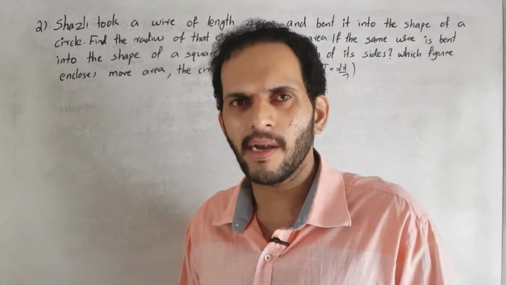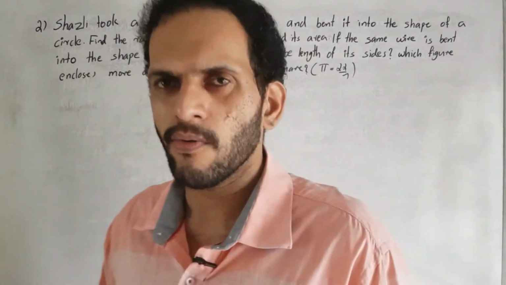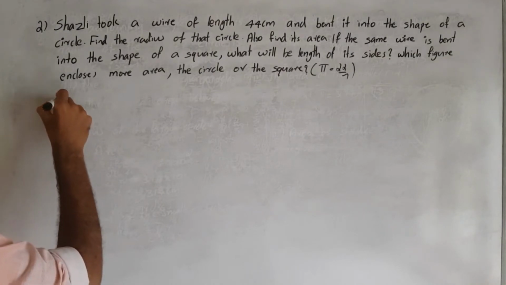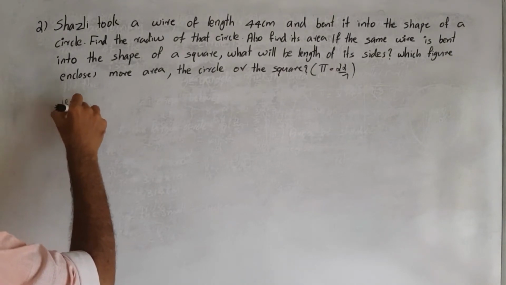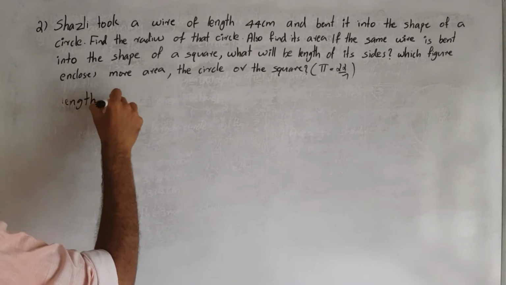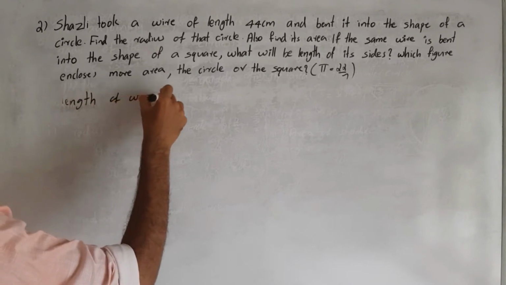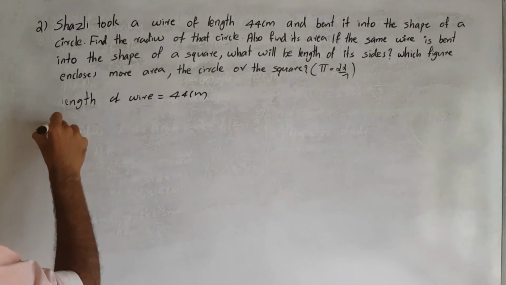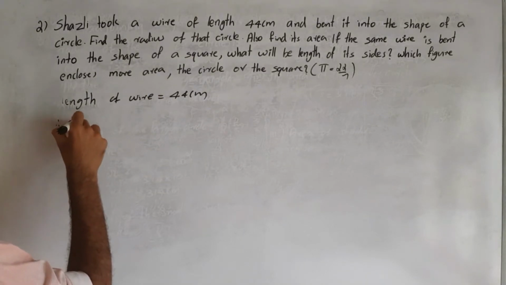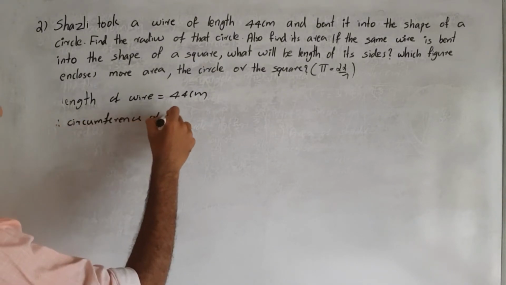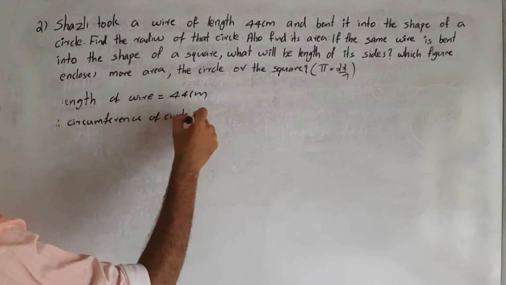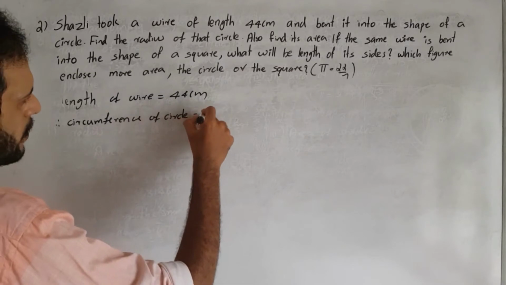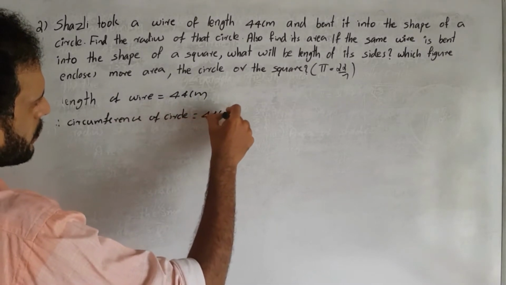Okay, that is the idea we follow here. And first we start. How do we start? Length of wire is given. What is the length of wire? Length of wire is equal to 44 centimeter. Therefore, the length of the wire is equal to the circumference of the circle. What is that? 44 centimeter.